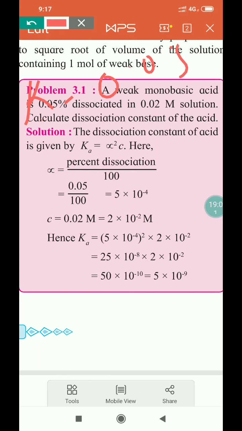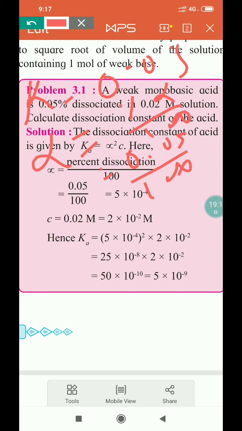Now from percentage alpha we can calculate alpha. Alpha is equal to percentage alpha upon 100, that is 0.05 divided by 100, so alpha is equal to 5 into 10 to the power minus 4.